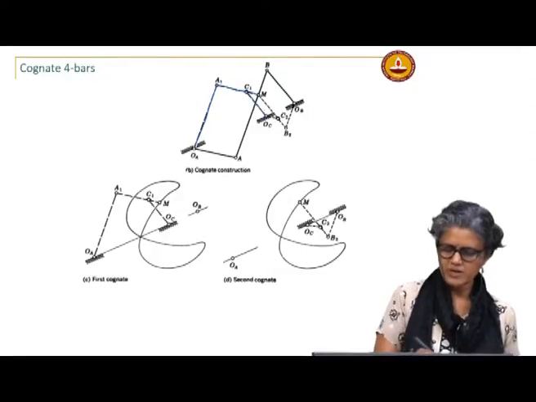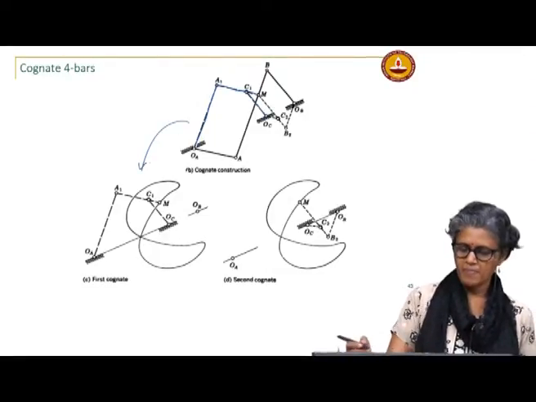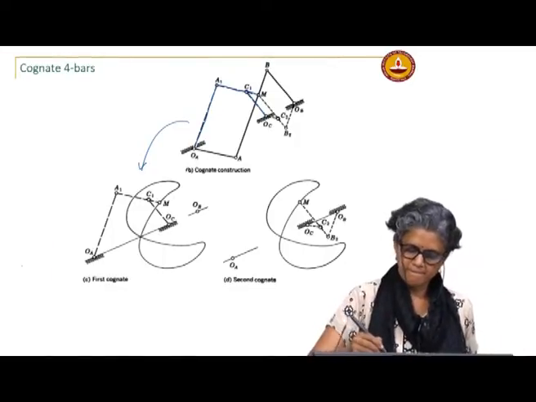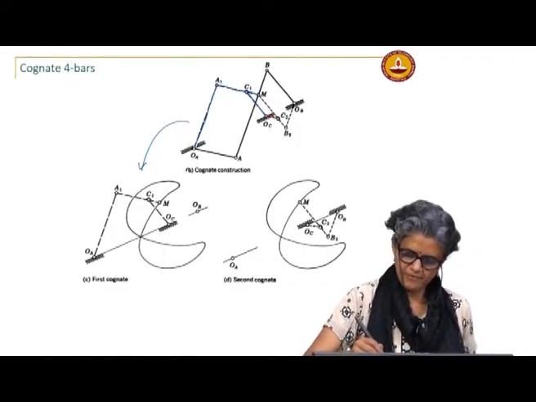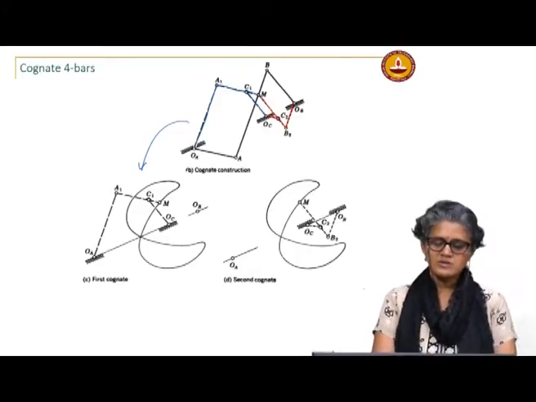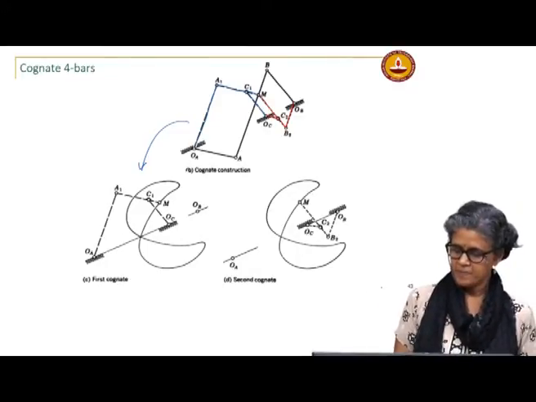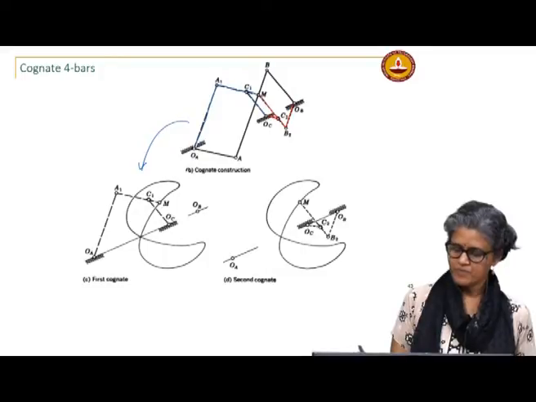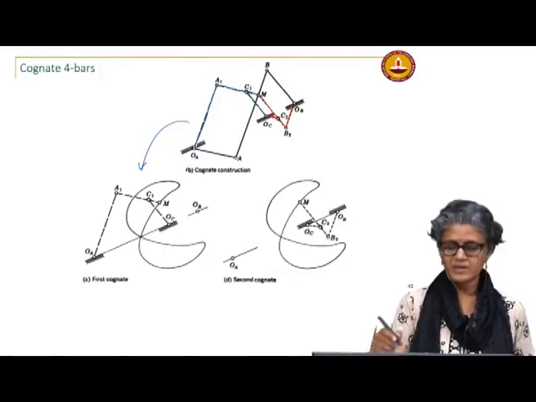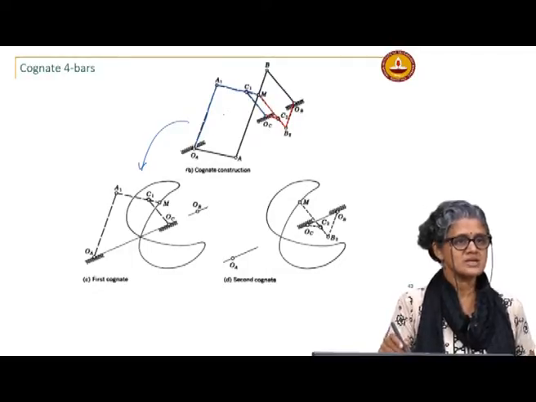This is one coordinate, this is this coordinate, and this is the coupler point here. So, you can see here that this linkage is a lot more compact than the original linkage that we started off with.